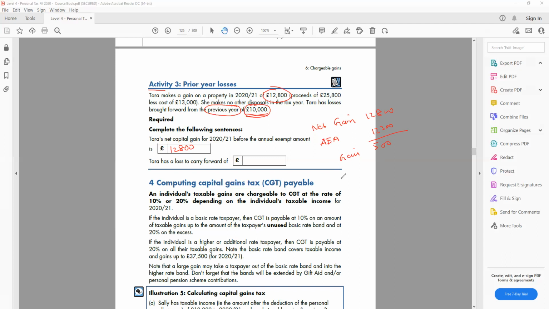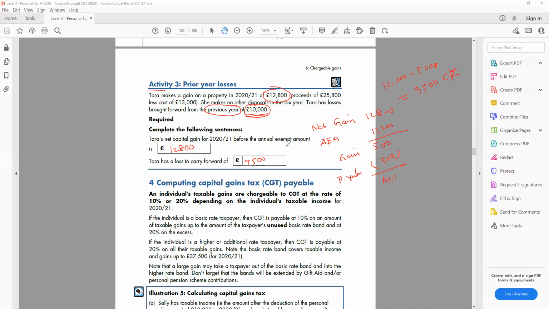So for the previous year loss, I can only take up to 500 to make it nil. And from 10,000, if I use 500 for this year, the carried forward balance would be 9,500 for the next year.